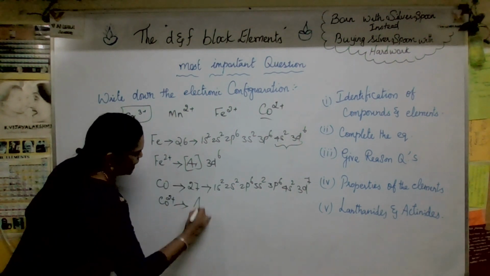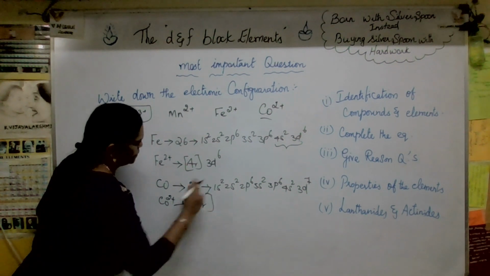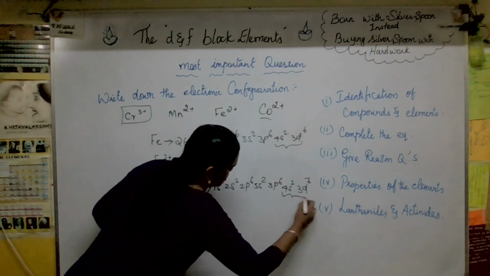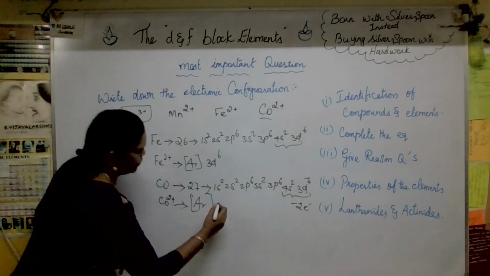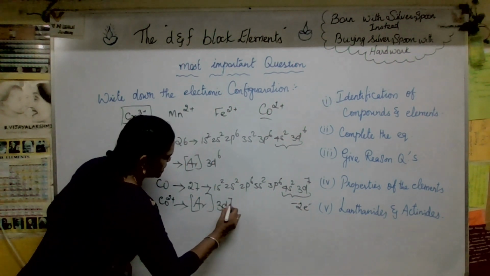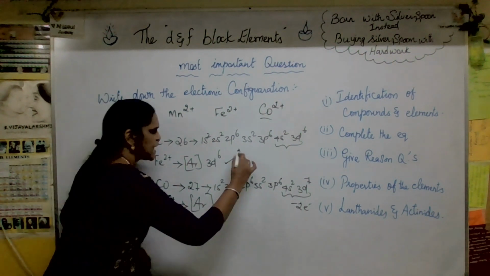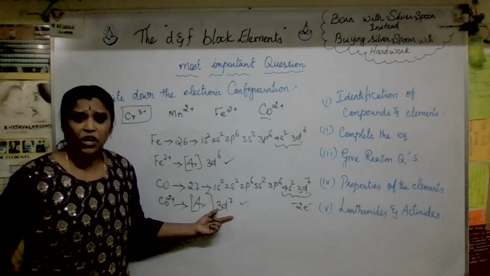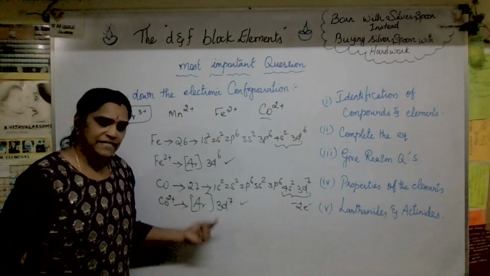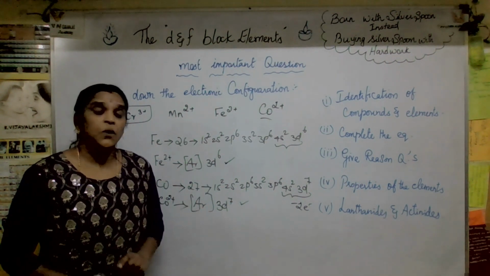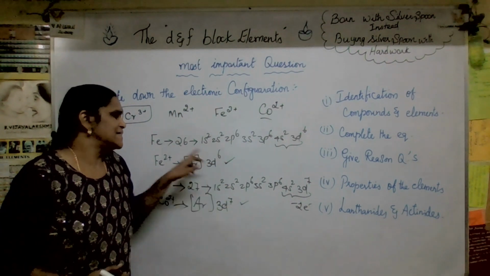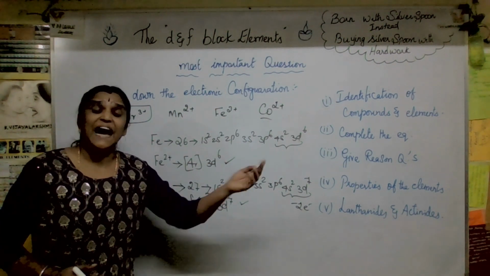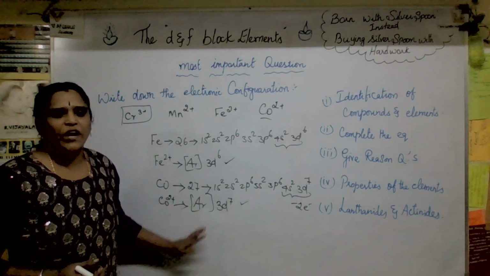How will you write it the same way? Ar, and you have to release 2 electrons from the outermost orbital. So you will get 3d7. I hope you got this answer. They may give the electronic configuration like this, or else the atomic number minus 2 for 2+ ions. Hope you got a clear idea.